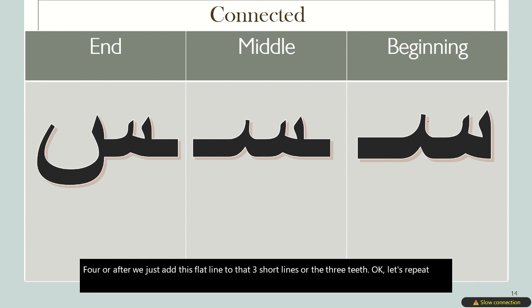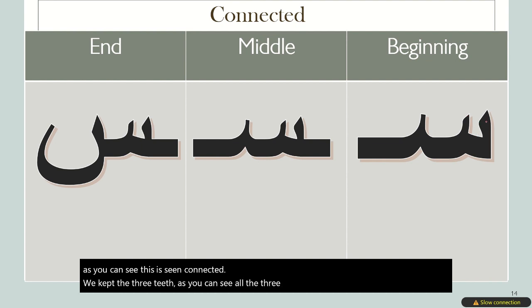So as you can see, this is seen connected. We kept the 3 teeth, or the 3 short lines. And to connect it, we just add this flat line to connect it between 2 letters or more.